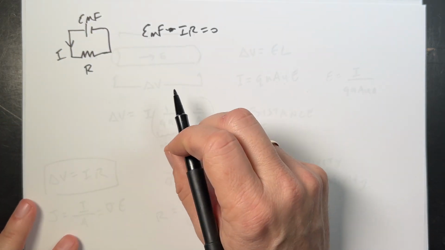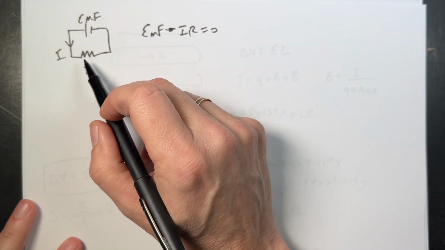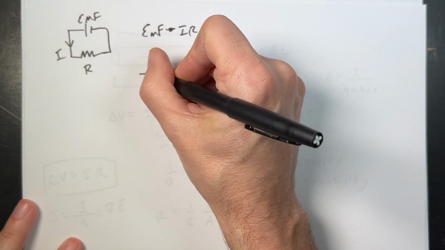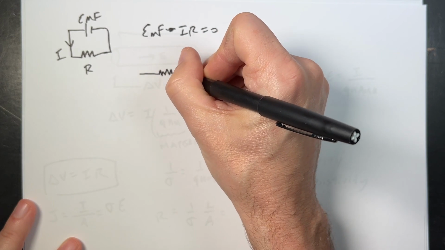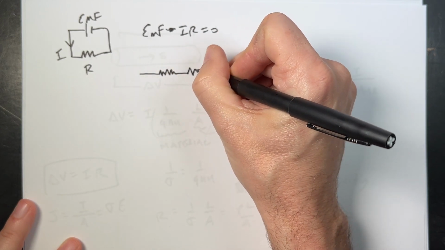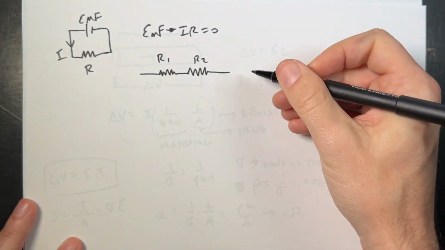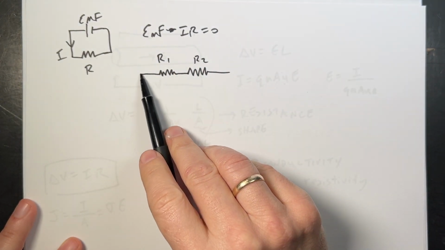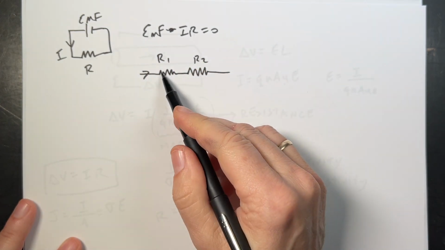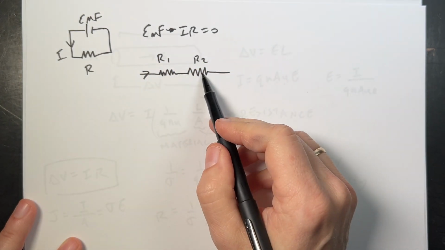It's kind of simple. But what if I have more than one resistor? What if I had two resistors like this? And I'm going to derive this in another video because I don't want to spend too much time. So we'll call that R1 and R2. In this case, one of the things that's important is that the current going through R1 and the current going through R2 are the same.